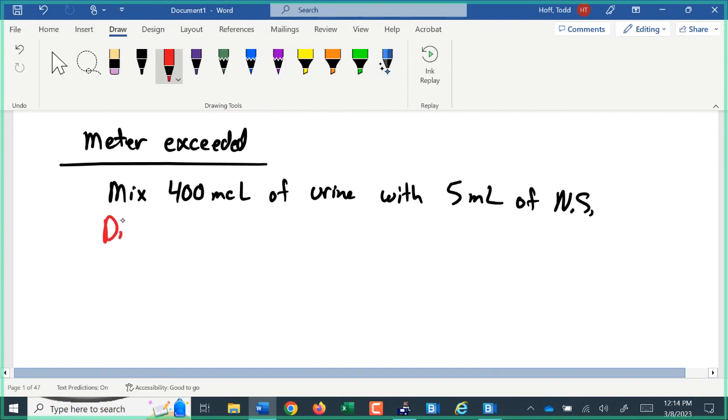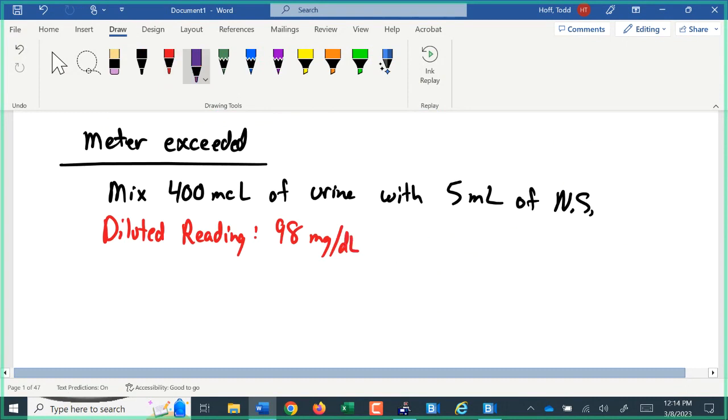We get a diluted reading of 98 milligrams per deciliter. Let's find the true reading.